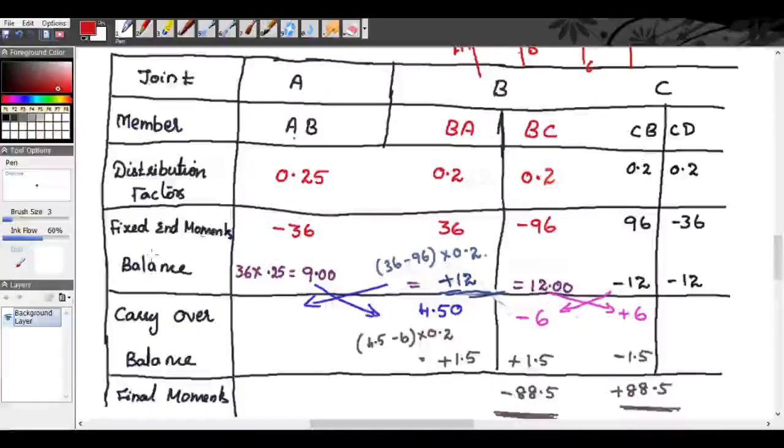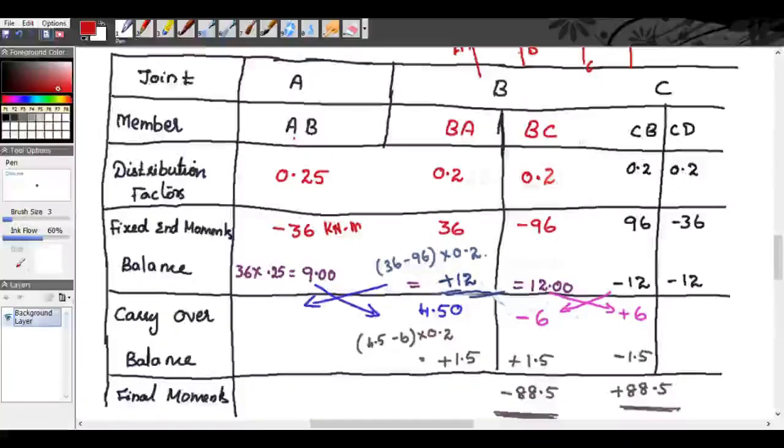Now let us write the fixed end moments. We have already calculated the fixed end moments in our first step. For AB the fixed end moment is minus 36 kilonewton meter. For BA, the fixed end moment is 36 kilonewton meter, that is minus plus.